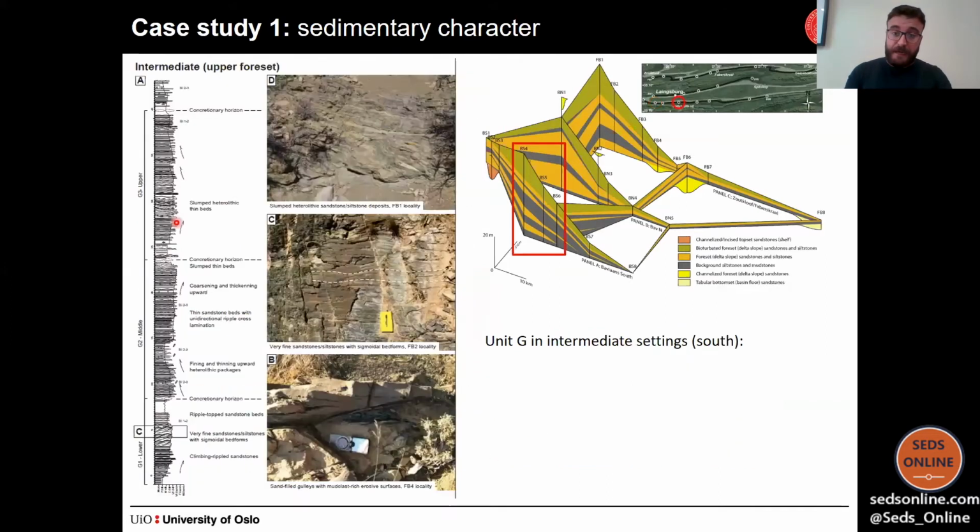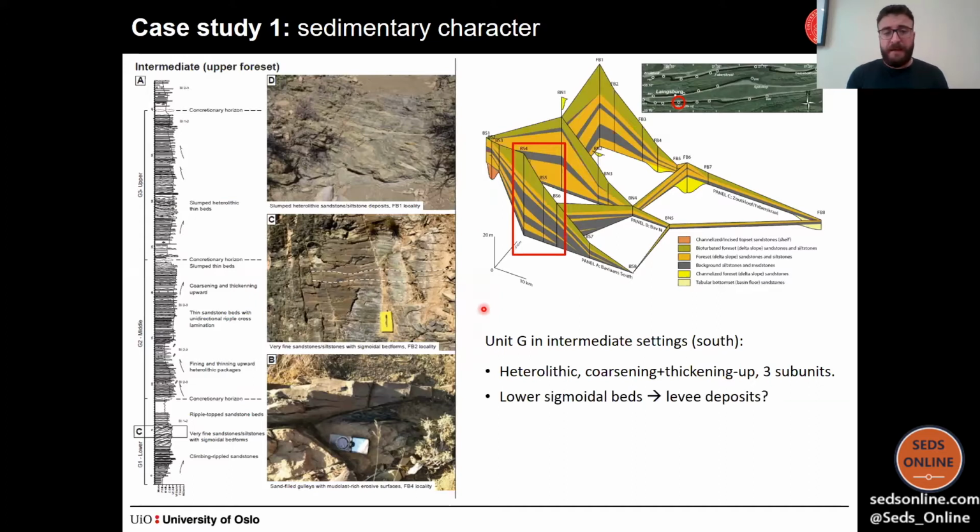As we move down system, a few kilometers down dip along the same panel here, unit G is changing into much more heterolithic deposits. It's thickening quite a lot. We have absence of wave indicators suggesting that deposition is taking place below storm wave base.